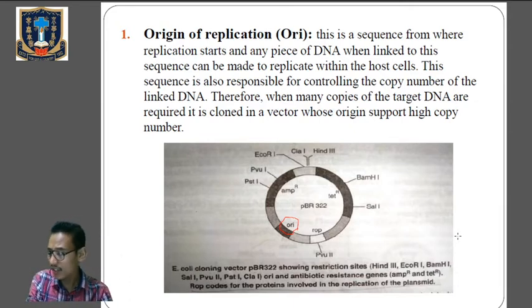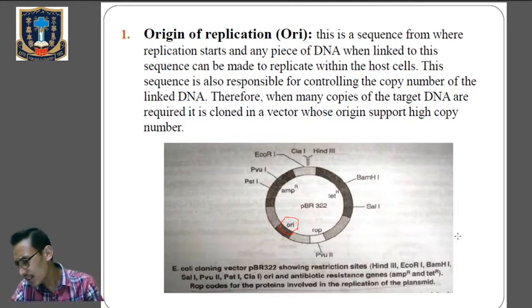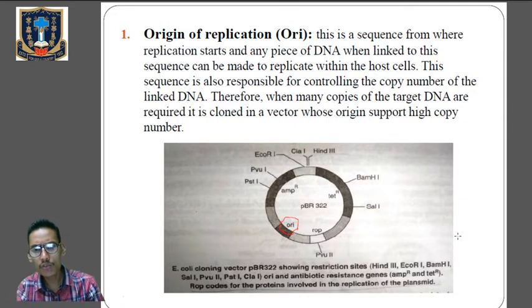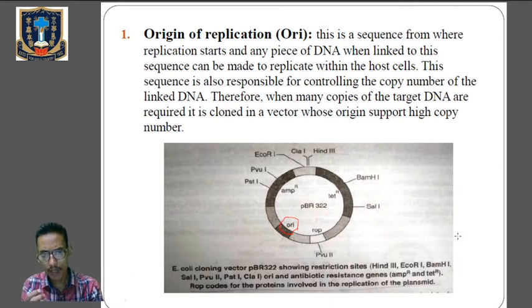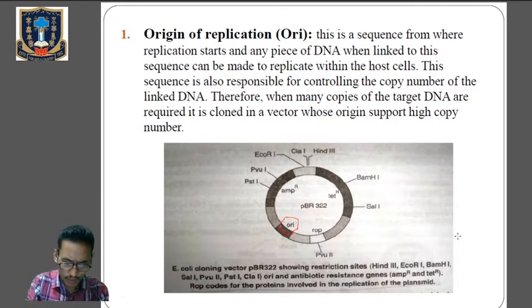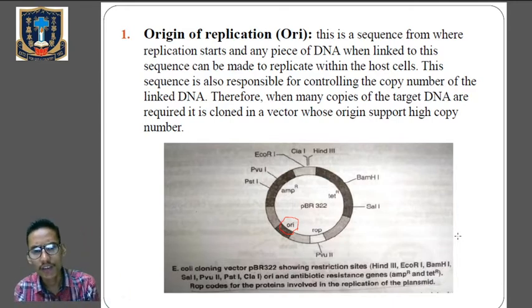Not only will this ORI site help in the multiplication of the linked foreign DNA, but it will also support the copy number of that foreign DNA. According to that, we have to select a vector that will support a high copy number. This is the first feature of the cloning vector, having an ORI site, origin of replication site.